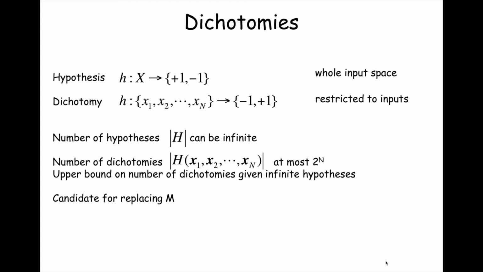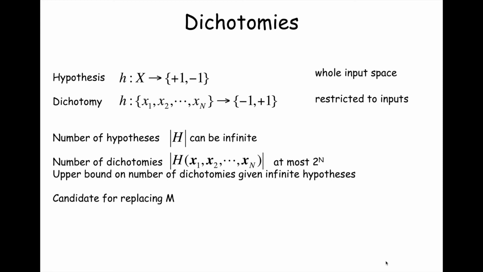You do that n many times, it's 2 times 2 times 2, n many times, or 2 to the n power. So this is going to give us an upper bound on the number of dichotomies that a hypothesis set can possibly produce given in-sample points of size big N. Okay? Does that make sense?